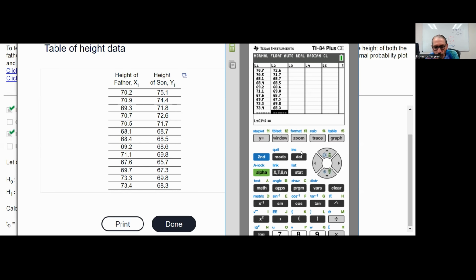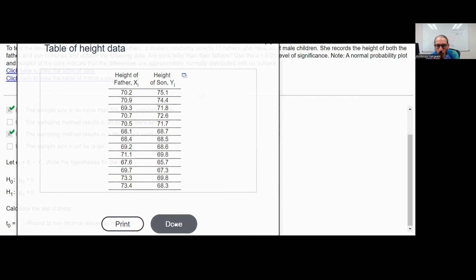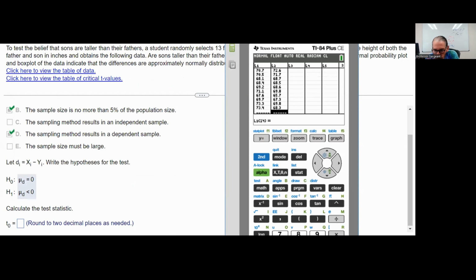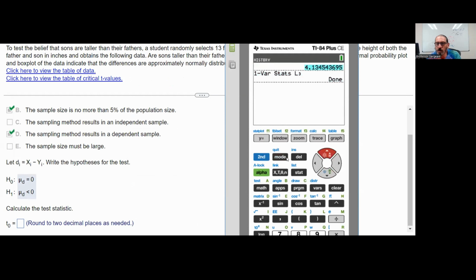It's hard to tell. All right. We wanted the differences of the fathers in list 1 minus the heights of the sons in list 2. And it's filled in all 13 of these. So to get my T statistic, that was D bar minus a claimed mean difference of 0.